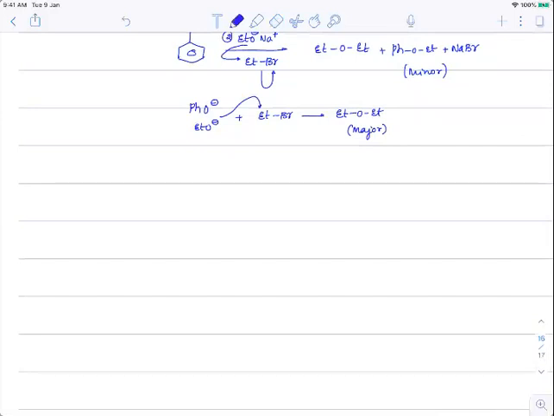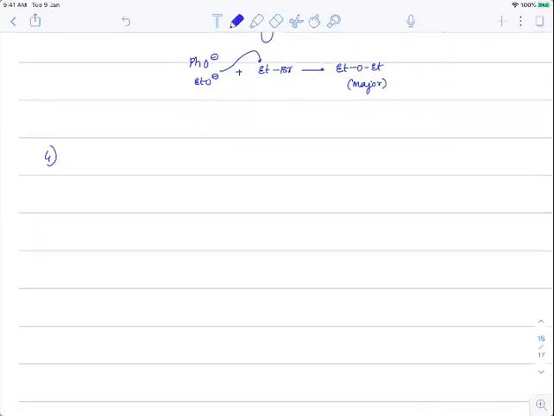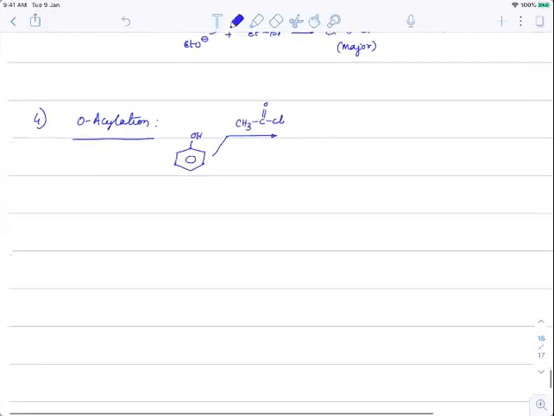Now the fourth reaction which we'll see is O acylation. So phenol, if we react with CH3C double bond O Cl, or acid chlorides or anhydrides, CH3C double bond O, O C double bond O CH3.